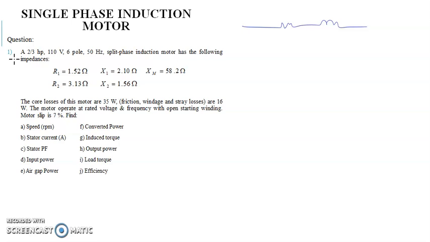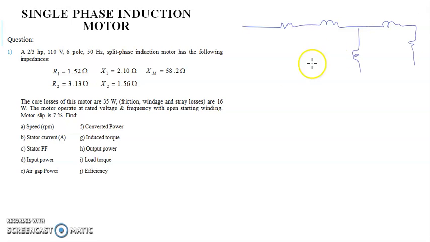Okay, first of all, when you have this kind of question, what you have to do is the same as the previous steps in chapter 2 and the DC machine chapter, for generator and motor. First of all, you transfer all the parameters given here into a circuit.